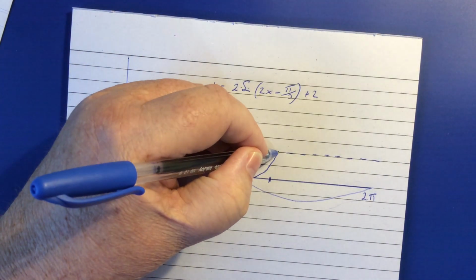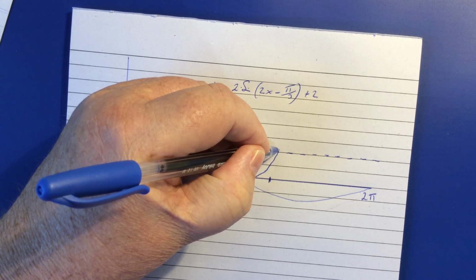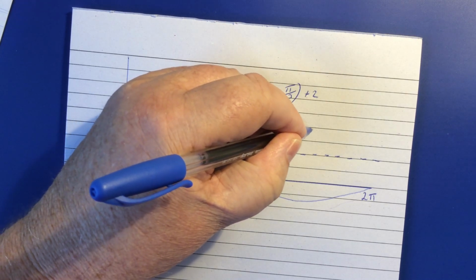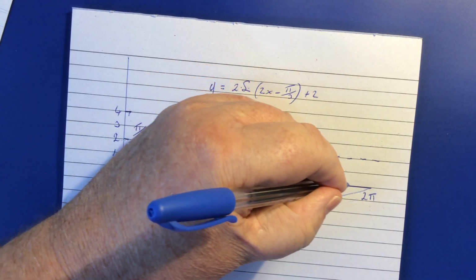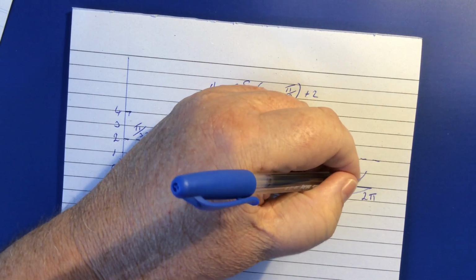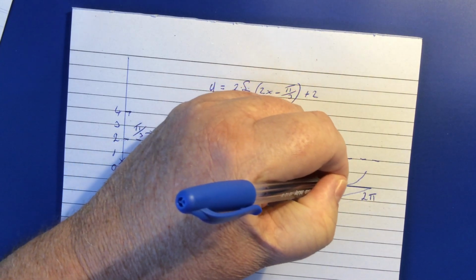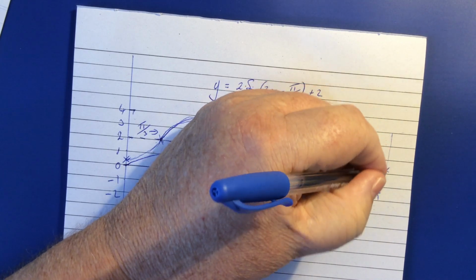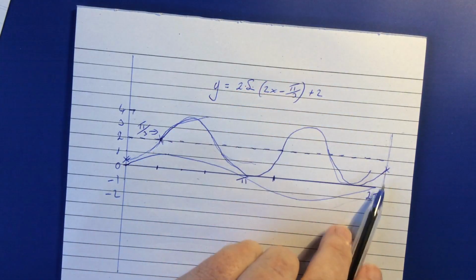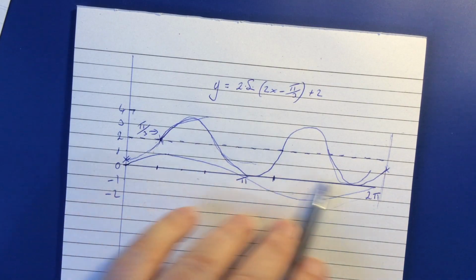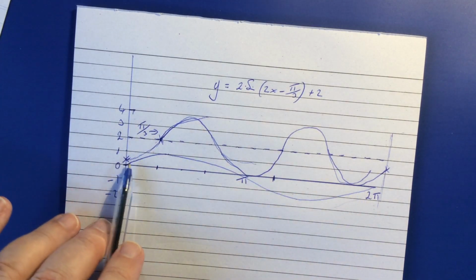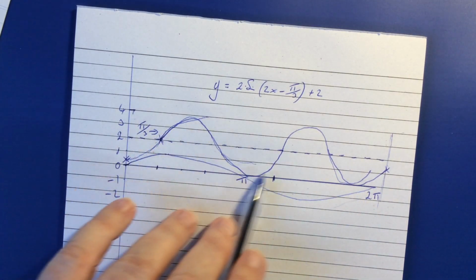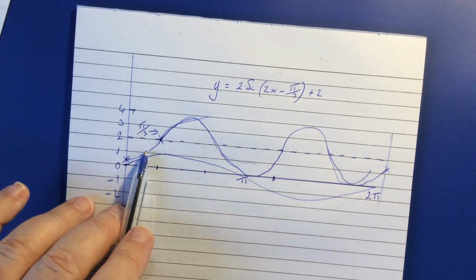Now, I'm going to try and repeat this. My drawing is so bad, and I apologize. It should come over a little bit further there. And we'll stop there at 2 pi. This is shocking, but I hope it does illustrate all of the changes and all of the features.